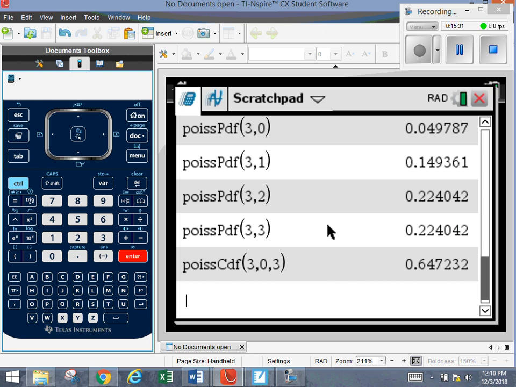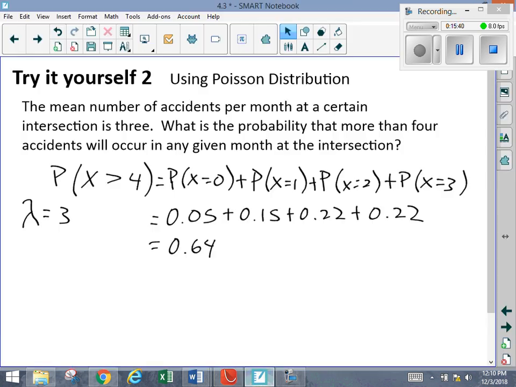But we weren't being asked the probability that there are less than 4, right? We wanted to know the probability that there are more than 4, right? But all these probabilities have to add to 1, or else it's not really a probability distribution, right?